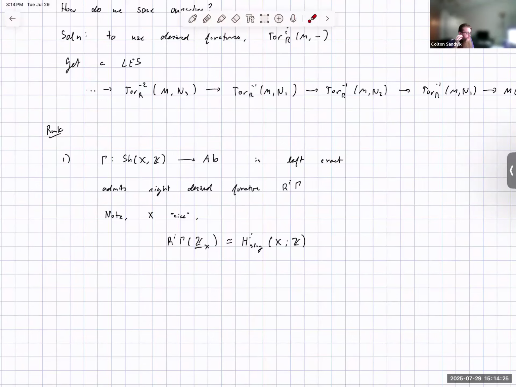This should be slightly off in your mind, because the cohomology is already a shadow of something. It's already a shadow of the chain complex of singular cochains. So this is already indicating that R^i Gamma is a cohomological shadow of something.